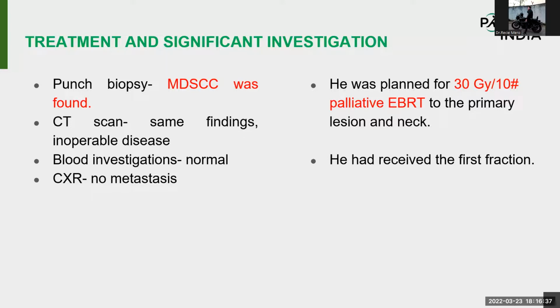Treatment and significant investigation. Punch biopsy, a biopsy in which a small round sample of tissue, such as skin, is obtained by using an instrument with a circular blade. MDSCC was found, moderately differentiated squamous cell carcinoma, which means the tumor cells do not look like normal cells, termed as grade 2.